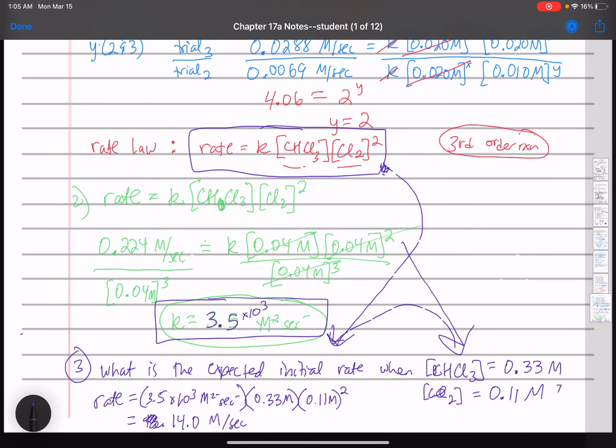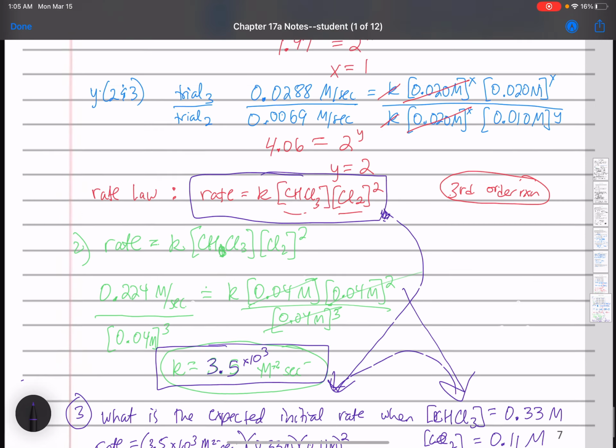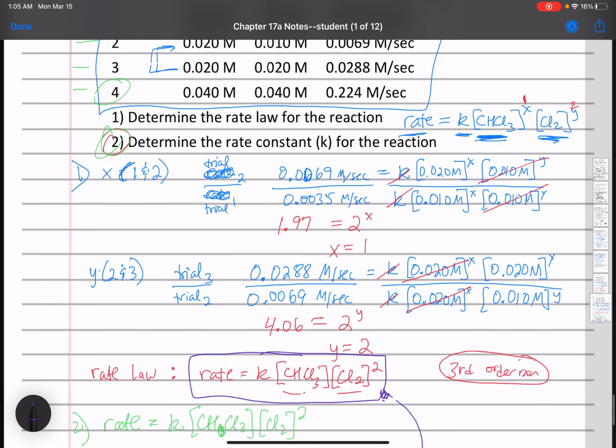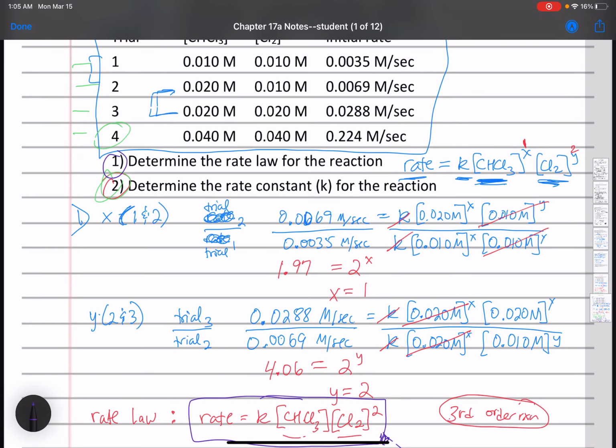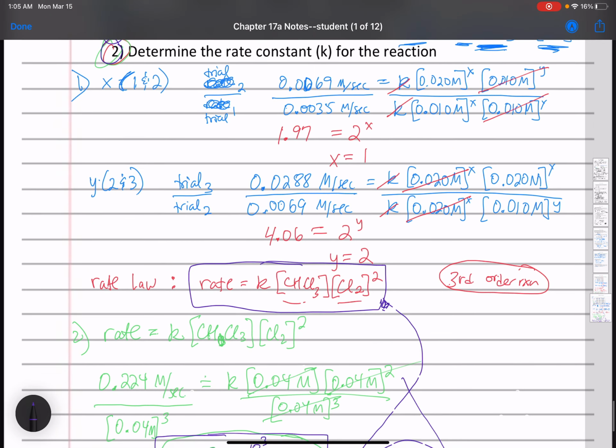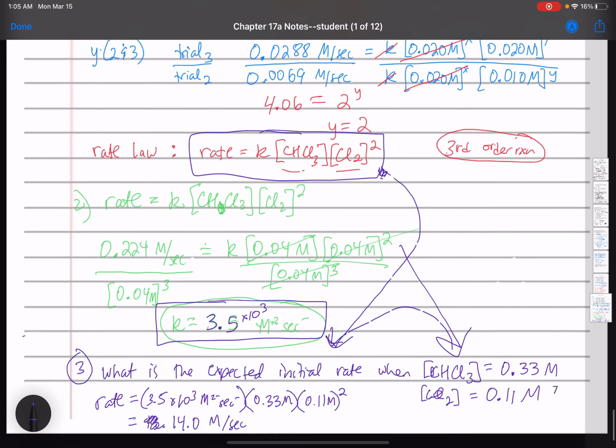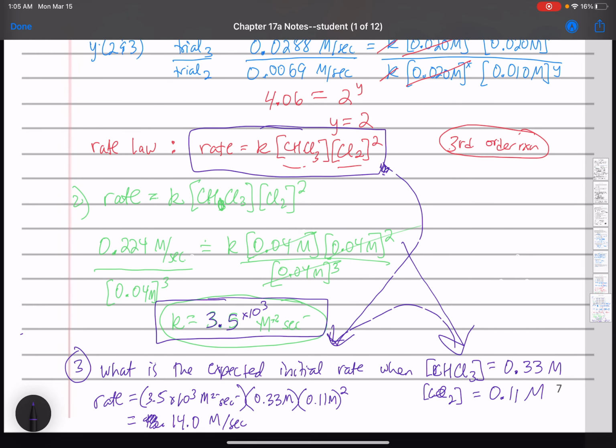Okay, so lots of different ways we could be asked questions. The key is understanding how to get the rate law for the reaction and how to solve for the rate constant for the reaction. So practice that, and we'll come back for the second part of kinetics next time.